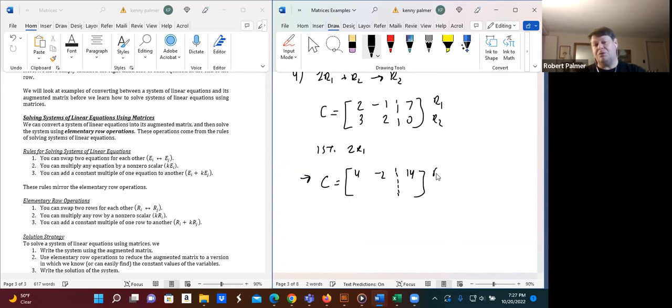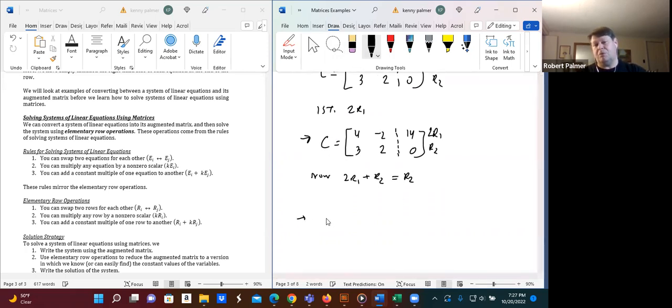So now this is 2 row 1. My row 2 is still the same. Now my next step is we're going to add 2 row 1 to row 2, and that's going to become my new row 2.